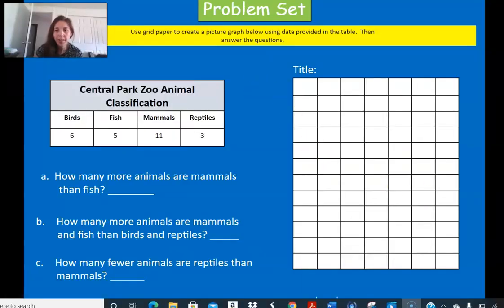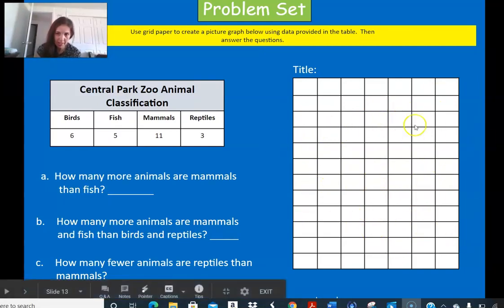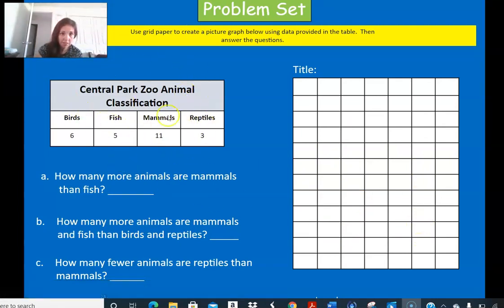Okay, so this is a picture of graph paper. This is what graph paper looks like. Obviously, it's smaller on the screen, but if you had a piece of graph paper like this and you were going to use this information to create a picture graph, first you would need a what? They have it labeled here for you.